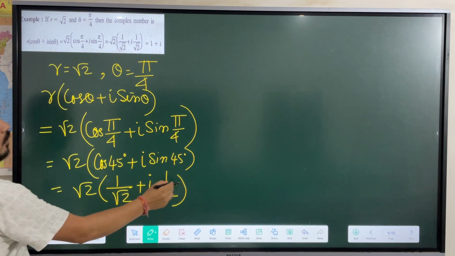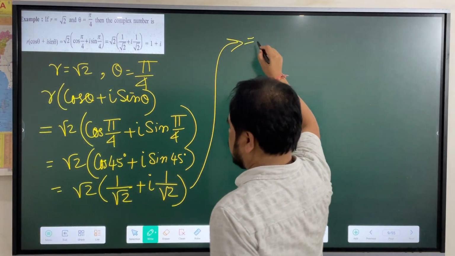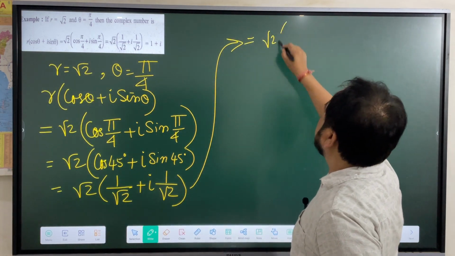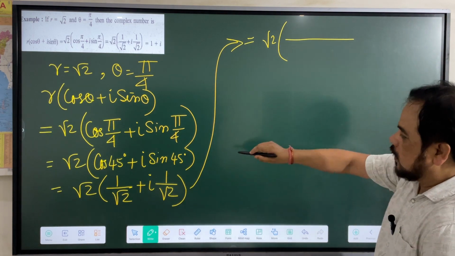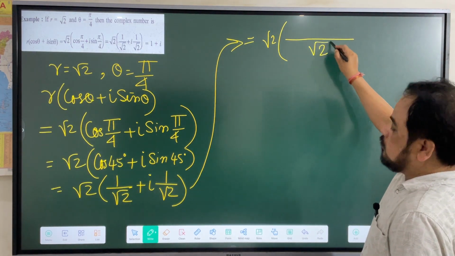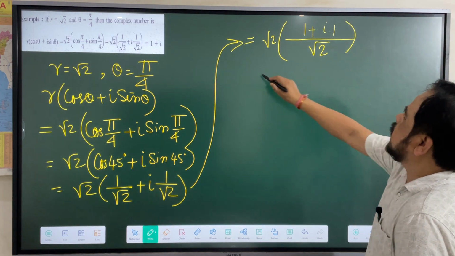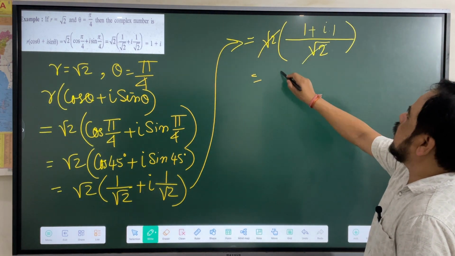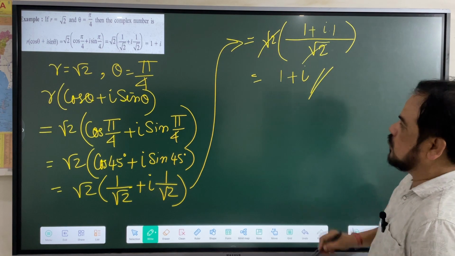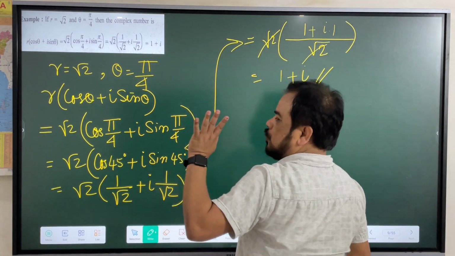This way modification can be done here. Root 2, and here we can take root 2 LCM, 1 plus i into 1, same thing, root 2 cancels, so 1 plus i is the answer. 1 plus i. Hope you understand.